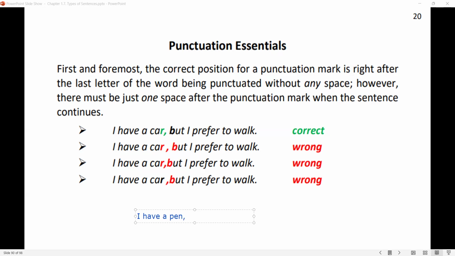Here you can add the rest of the sentence. For example, but I don't have a pencil. And so, okay. So in this part, you just have something related to space if you're typing, okay? No space here, one space here if you're typing.